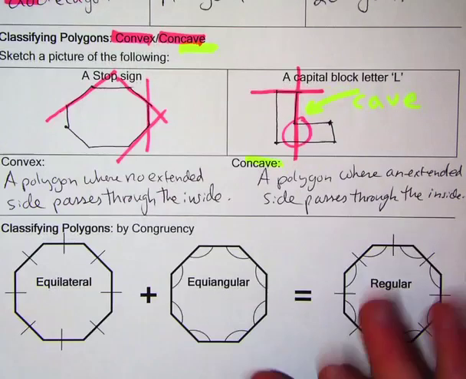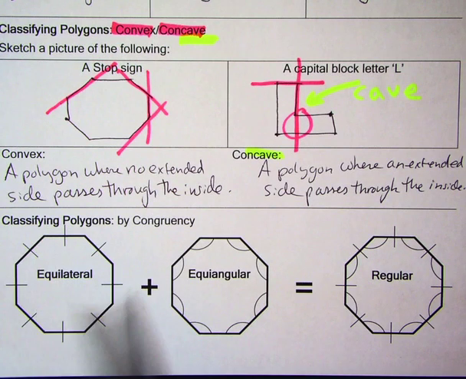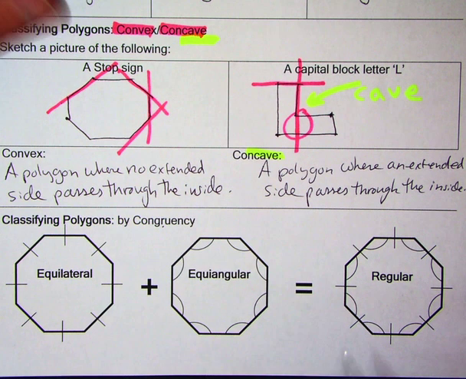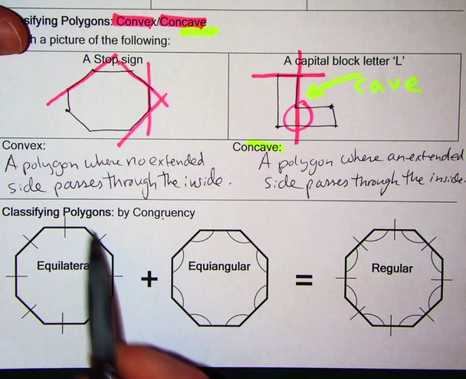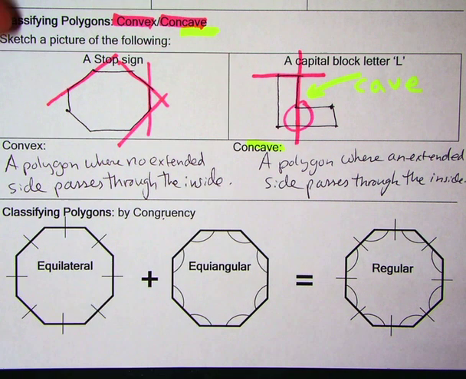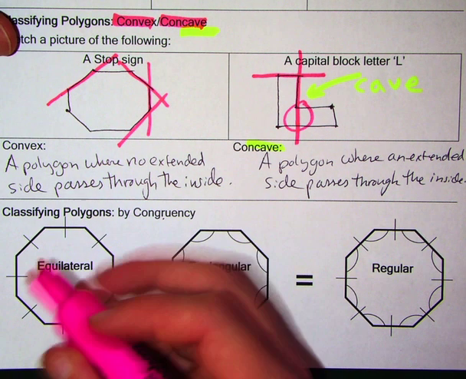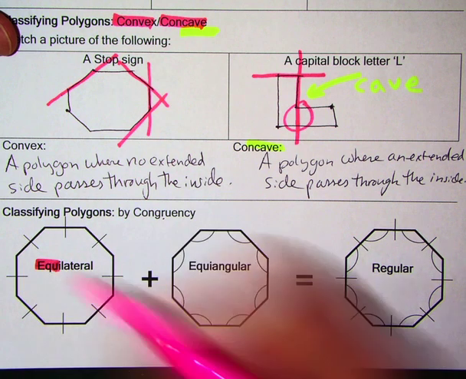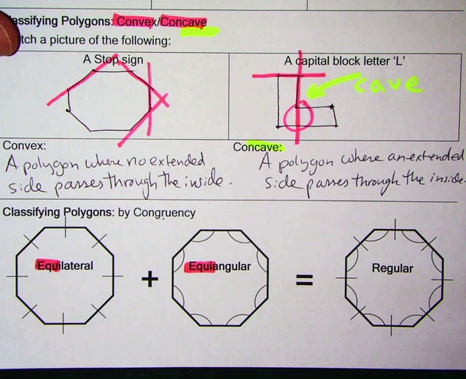Last but not least, we have classifying polygons by congruency. So in this situation, we're talking about are sides congruent or are angles congruent? So if you look at all of these sides have tick marks, so they're all equal. Look at the prefix. Equi means equal in both of these cases.